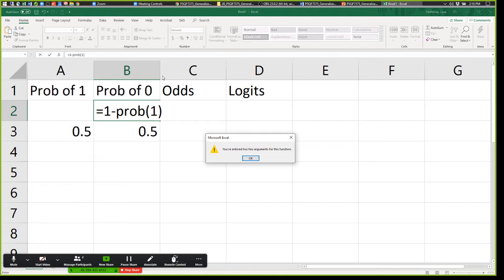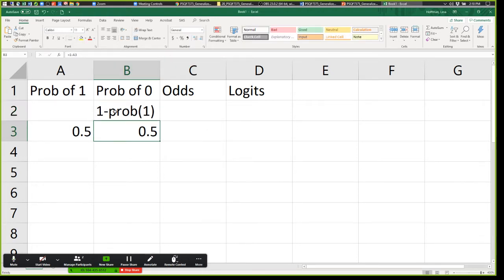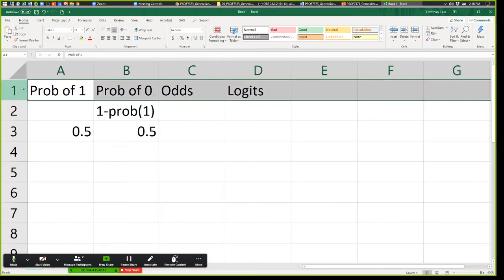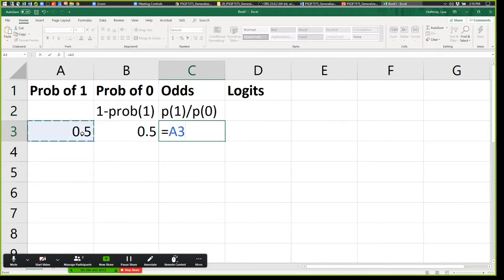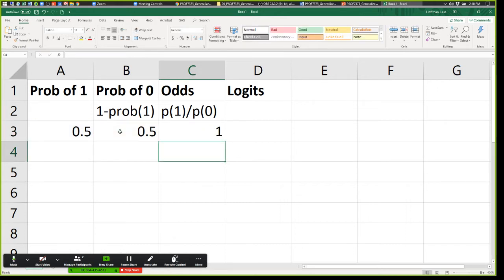Okay? Odds is the probability of 1, I'm shortening this, over probability of 0. Right? With me? So let's put that number in here. That one over that one. Odds of 1. 50-50.